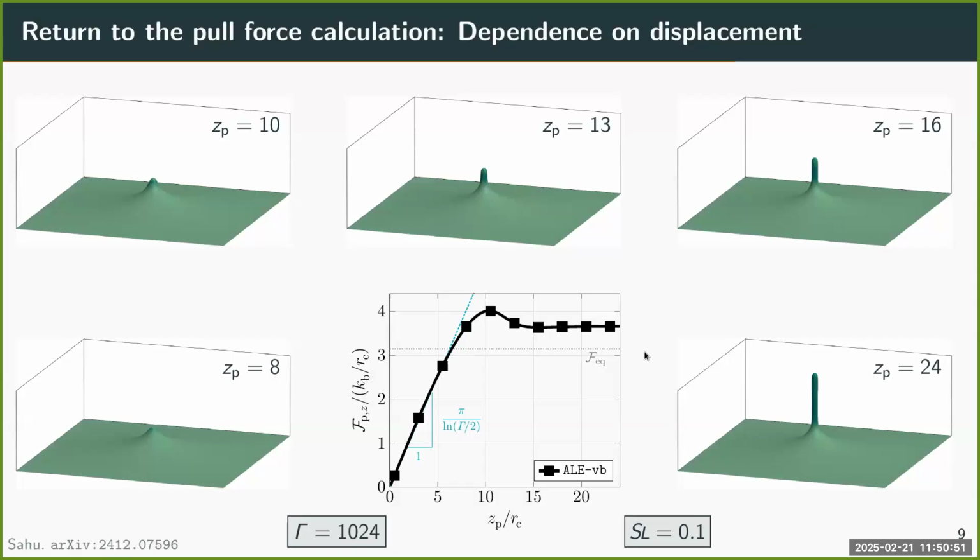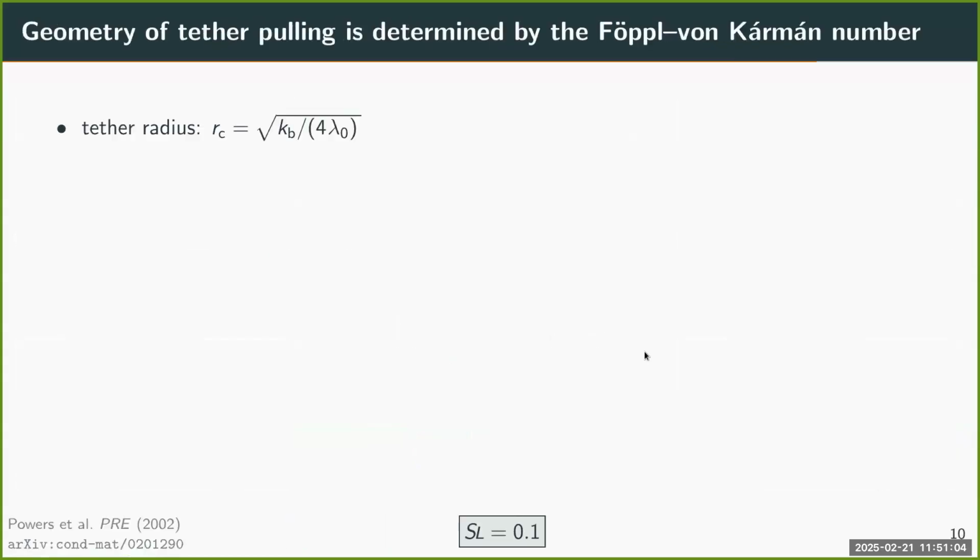And now that we have a pull force measurement, we can ask, what are the different things that we can do to affect the pull force required to pull the tether? One thing we can do is change the membrane geometry. From analytical theory, previous people have found that the tether radius is essentially given by a balance between the bending modulus and the surface tension.